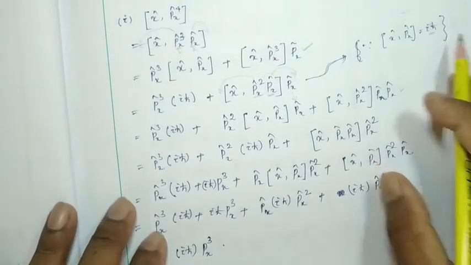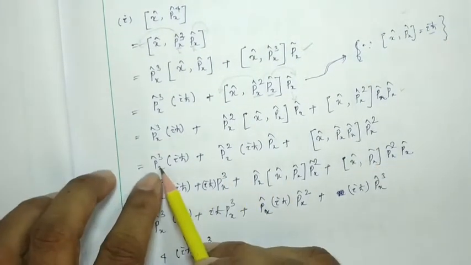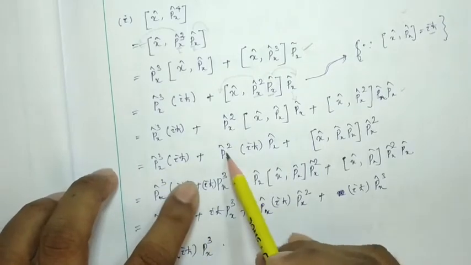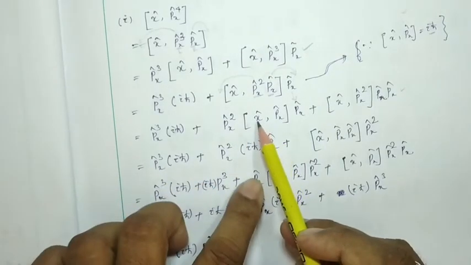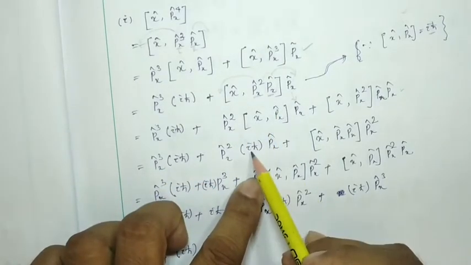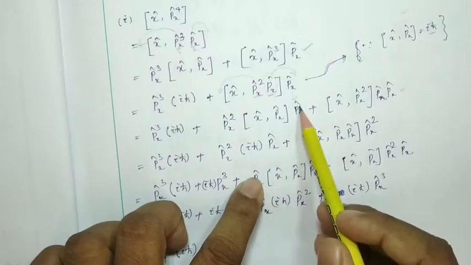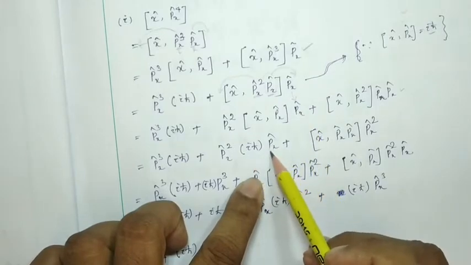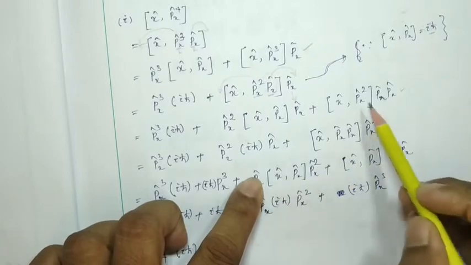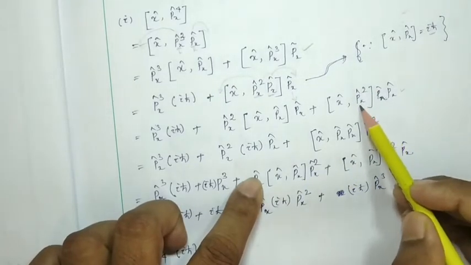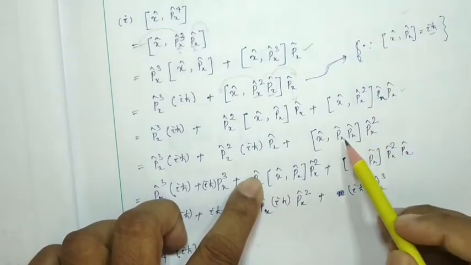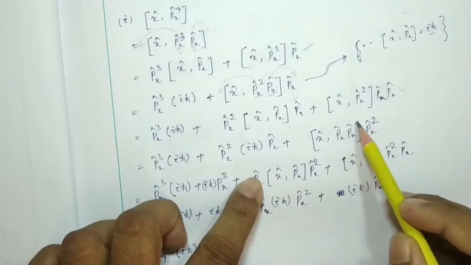Now here see, as usual we have to write this one: p_x cap square, [x cap, p_x cap] value is iħ cross, and p_x cap is there, p_x cap I have to write over here, plus again p_x cap square is going to be written as p_x cap into p_x cap.